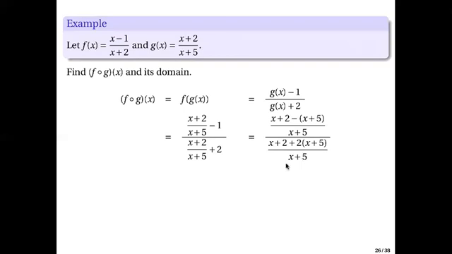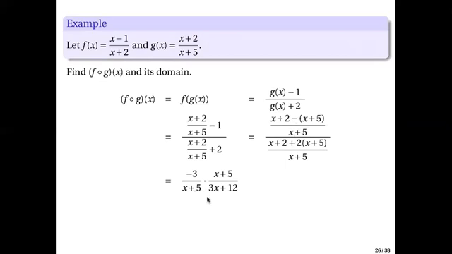But you simplify. So you simplify the numerator here. It becomes x plus 2. And then here, you distribute the negative. You have minus x minus 5. So x minus x, that will cancel. 2 minus 5, that's your negative 3 here. Then, of course, your x plus 5 is in here.